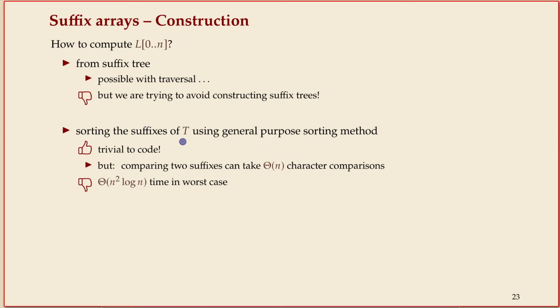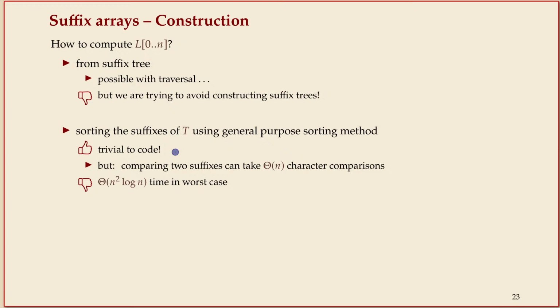Instead, we can go more directly by the definition. The suffix array needs all the suffixes in sorted order, so we might as well produce that by sorting. And we could just use any of the general purpose sorting methods. Unit 3 says hi. That's trivial to code up. You just have a comparison function for strings.